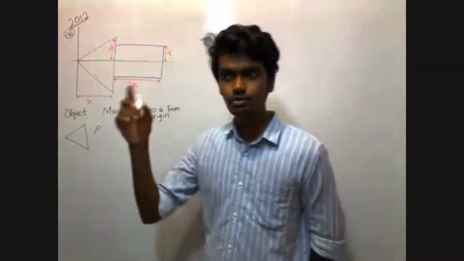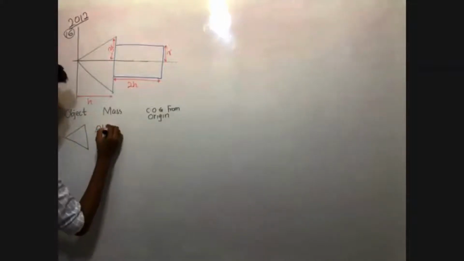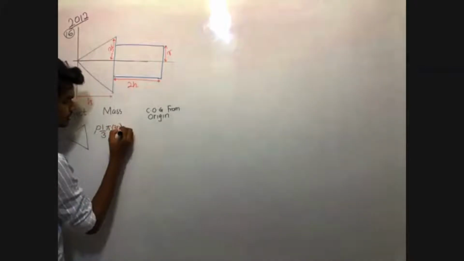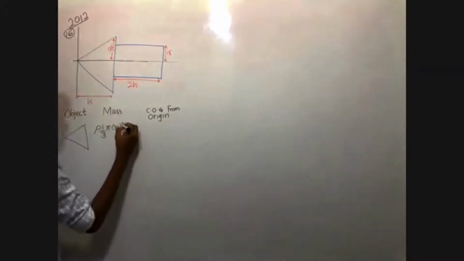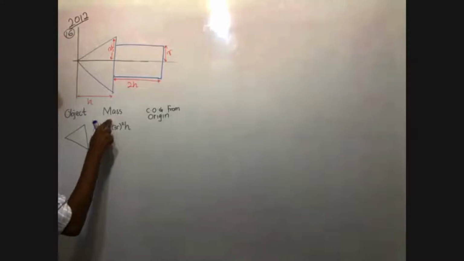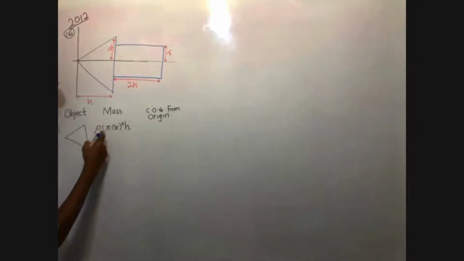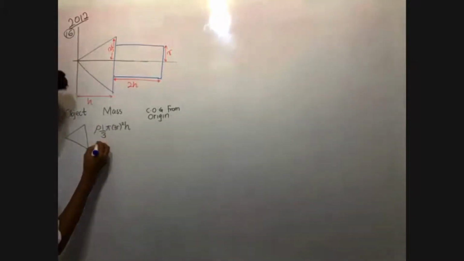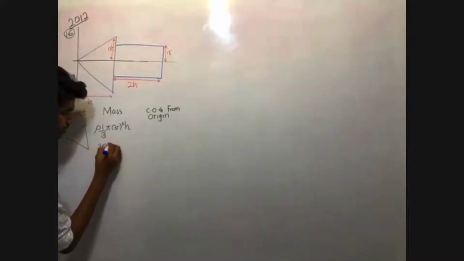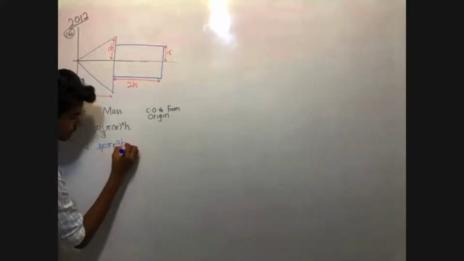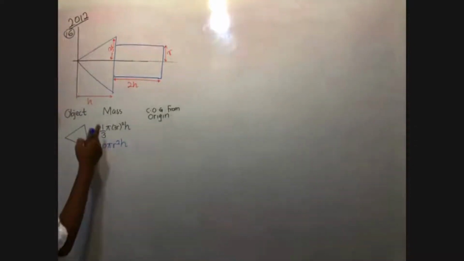Here r is 3r, so 3r squared, and h is simply h. 3 squared is 9, 9 divided by 3, 3. So the answer is 3 rho pi r squared h.